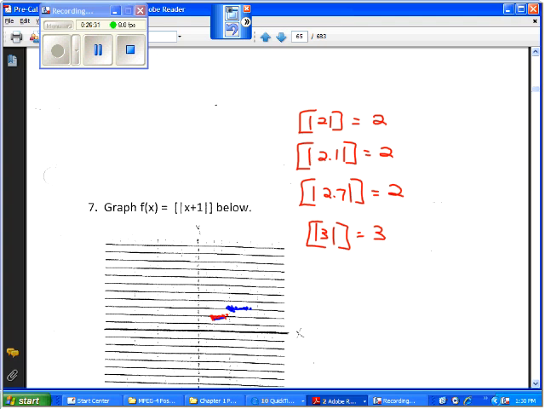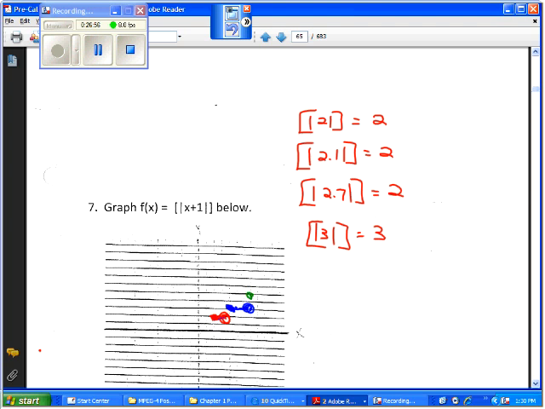Now, was the 2 included in the red part? Yes, it's going to be colored in. Was the 3 included in it? Nope. The 3 is in the next little piece. 3, 3.1, 3.2, 3. When you get to 4, what happens?